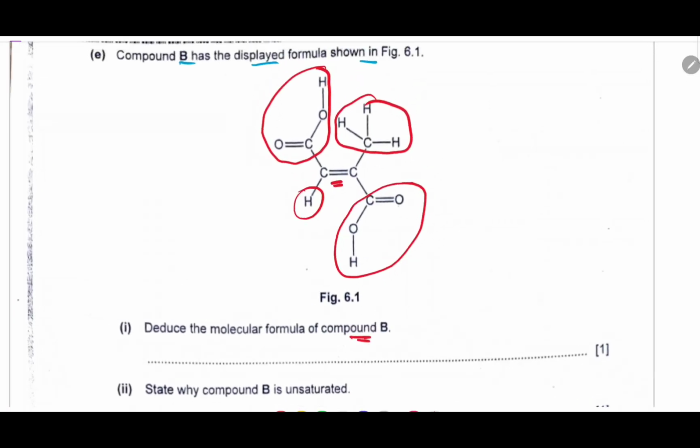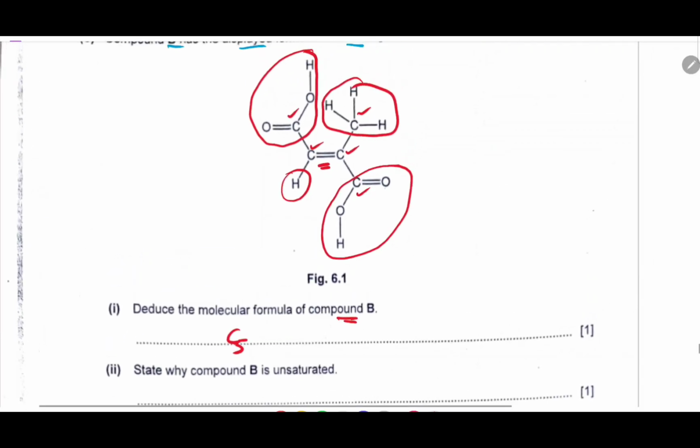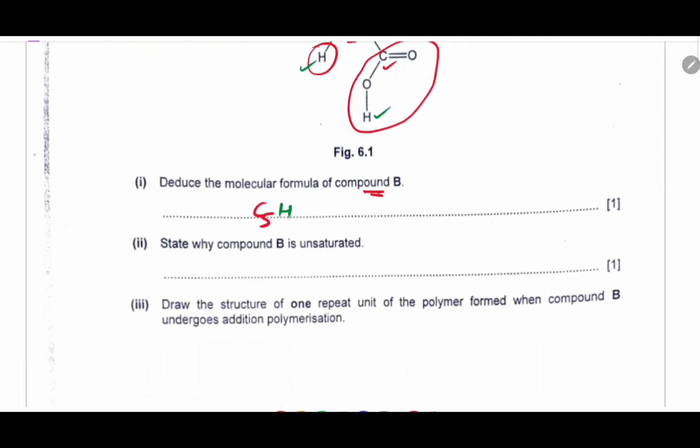That is, we have to calculate the total number of atoms. How many carbon atoms are there? 1, 2, 3, 4, 5. That is C5. How many hydrogen atoms are there? 1, 2, 3, 4, 5 and 6. C5H6.